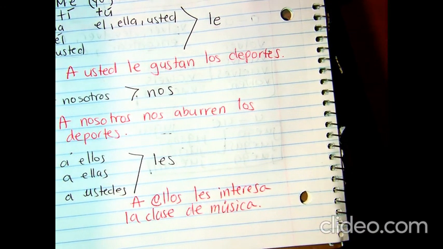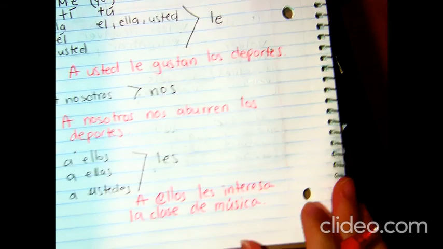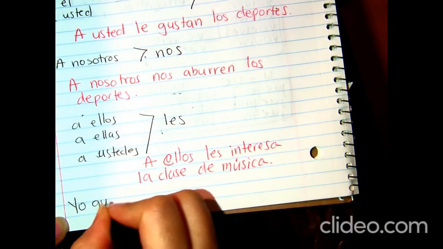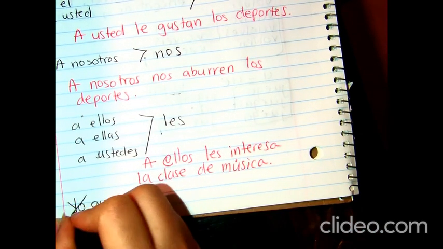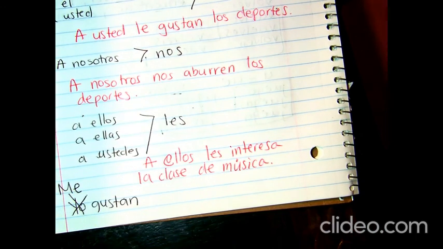Okay? So, for these verbs, you don't say yo gustan. No. Me gustan. Okay? You don't say yo aburren. No. Me aburren. You don't use a subject pronoun.